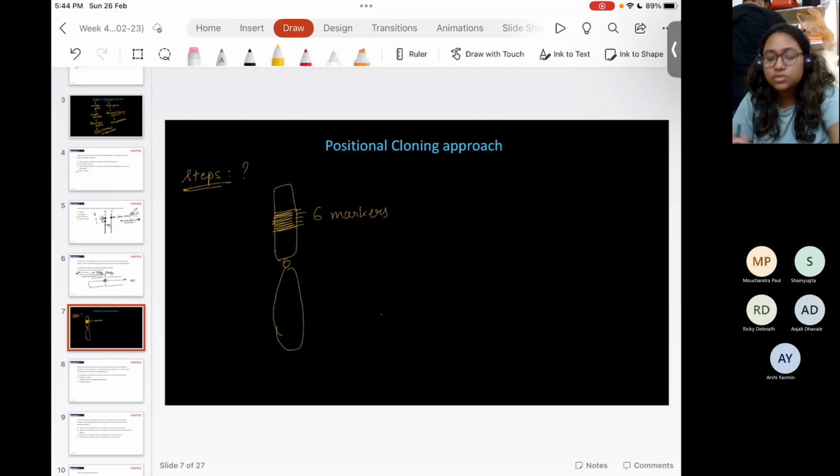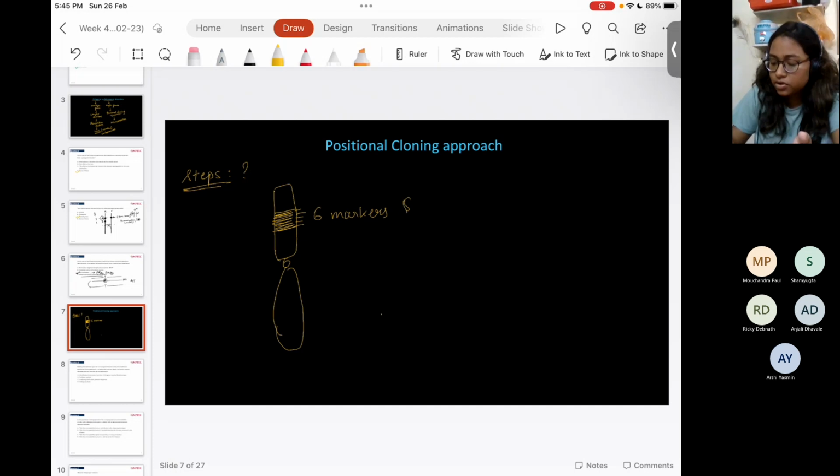Now you have to know the order in which these 6 markers lie. What is the correct order? Because if you don't know the correct order, you won't be able to go back into the pedigree and track how it has been inherited.